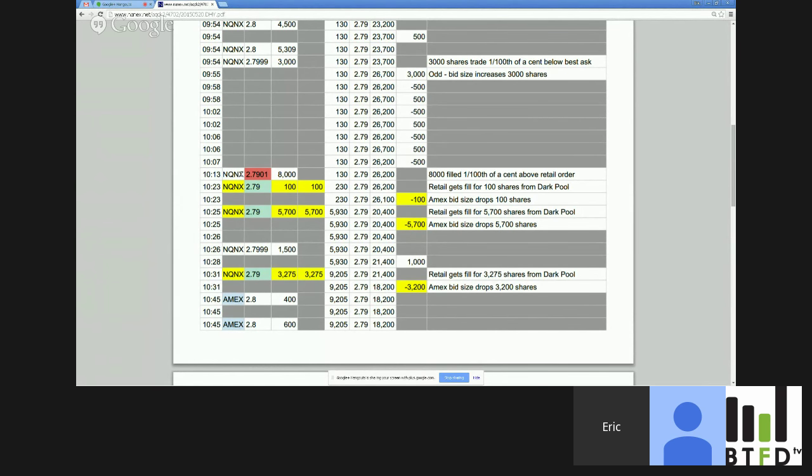Let's turn around. Let's say there's a seller, and he puts in a sell at 279, and the price is quoted at 279. He will get filled, even in a sell-off. If you are willing to cross the spread, you're going to get filled. You may even get this extra hundredth of a penny.